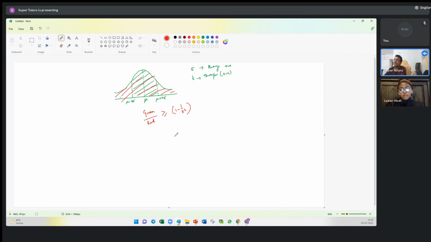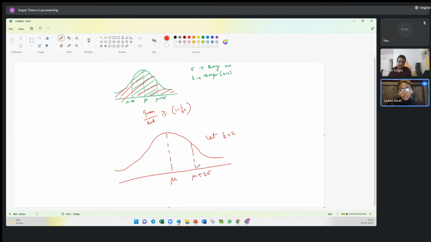So let's take a quick example and it will become absolutely crystal clear to you. Mu, let k equal 2. So mu plus 2 times sigma, and mu minus 2 times sigma.